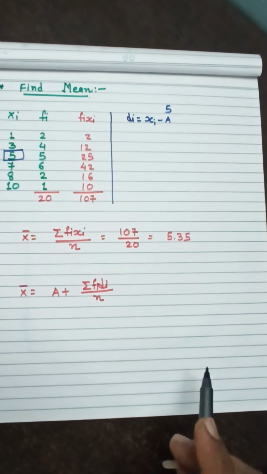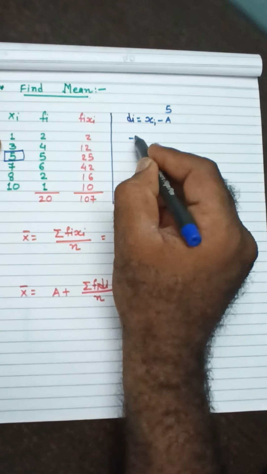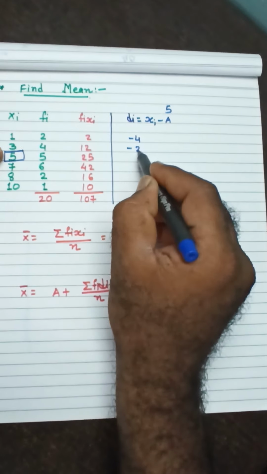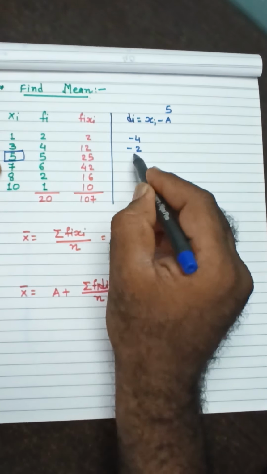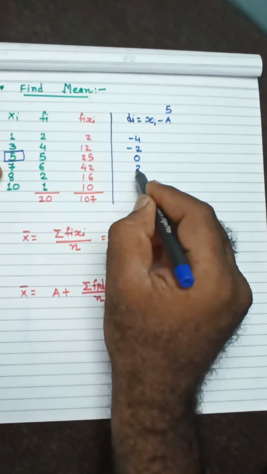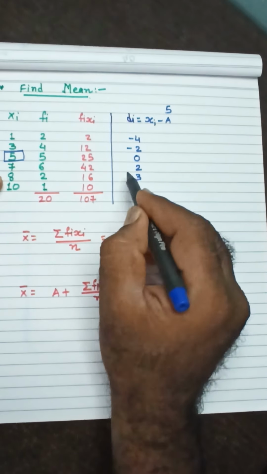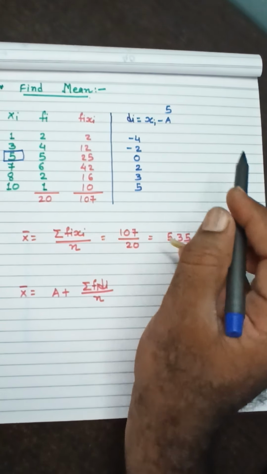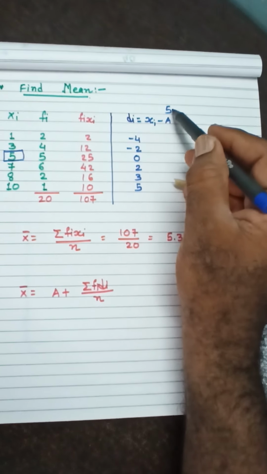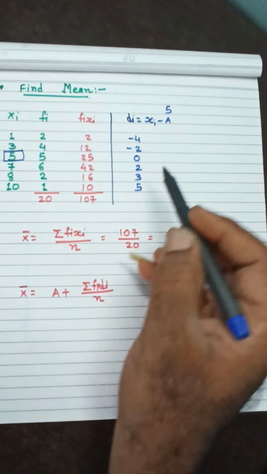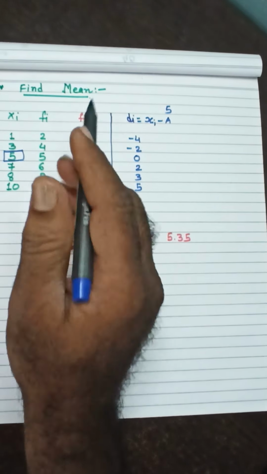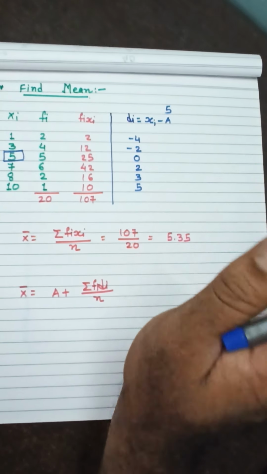So 5 will be deducted from each and every value of x. 1 minus 5, it will be minus 4. 3 minus 5, minus 2. 5 minus 5, 0. 7 minus 5 is plus 2. 8 minus 5, it will be 3. And 10 minus 5, 5. I have assumed 5 as the mean, but it is not compulsory that the number must be from this. We can assume 2 or 4 or 6 also, whatever we like.